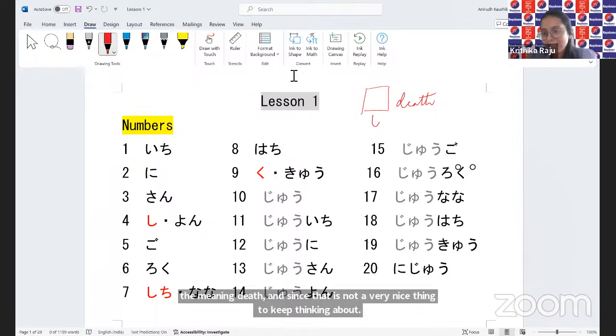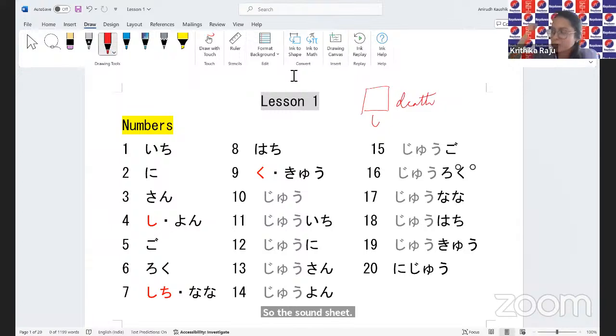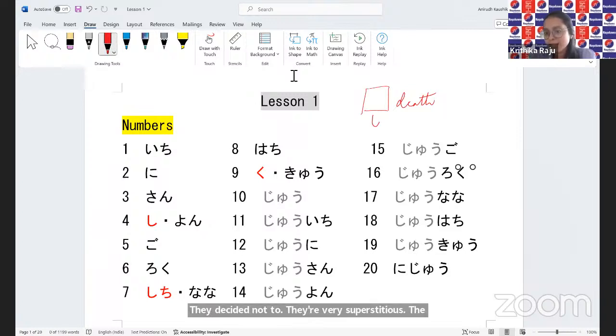Shi meant death. So the sound shi came to mean that. It brought to mind the idea of death all the time. So they decided not to. The Japanese are a very superstitious culture. So they decided to bring about a new, completely unrelated sound.